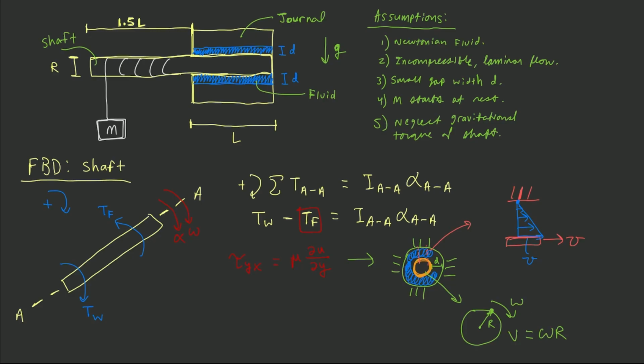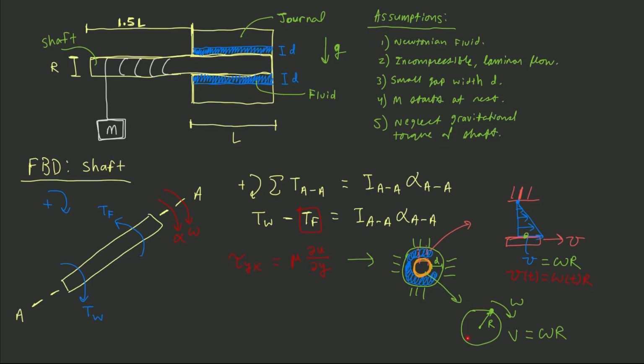So a point right here on the outer rim of the shaft is exactly this point right here, right? So we're looking at a point on the outer rim of the shaft in this diagram. So that must mean that big U is simply equal to omega r. Now, we know that omega is a function of time, and so big U must also be a function of time. Big U of t is equal to omega of t times r.